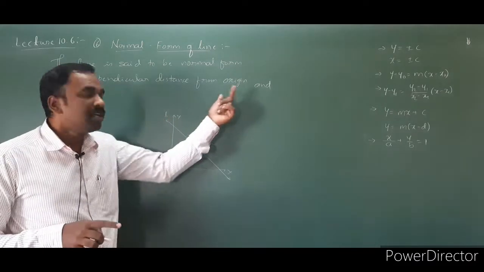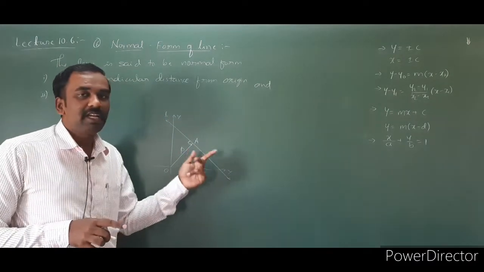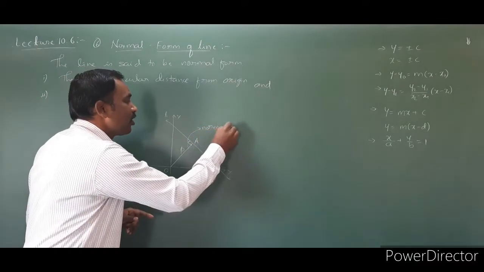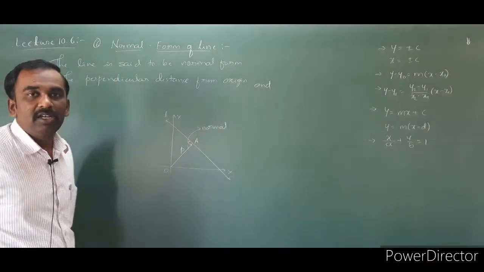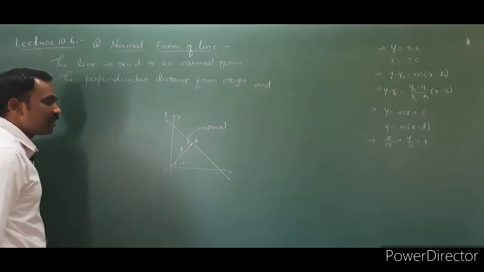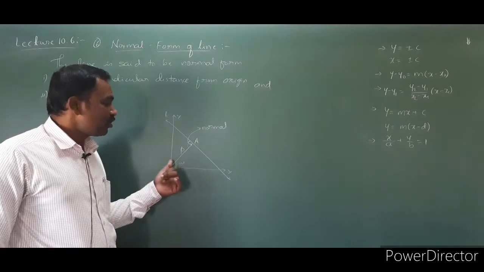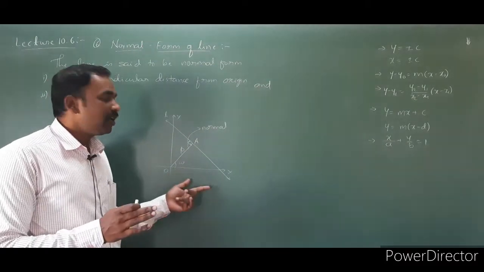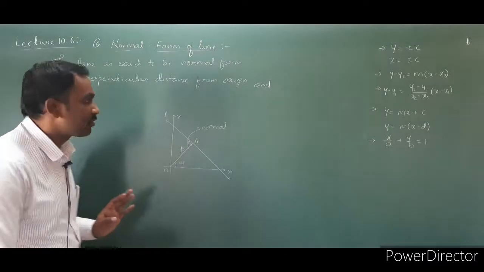The perpendicular we draw from the origin to the line is said to be a normal. This normal should make some angle, which I call omega, with the positive direction of the x axis.